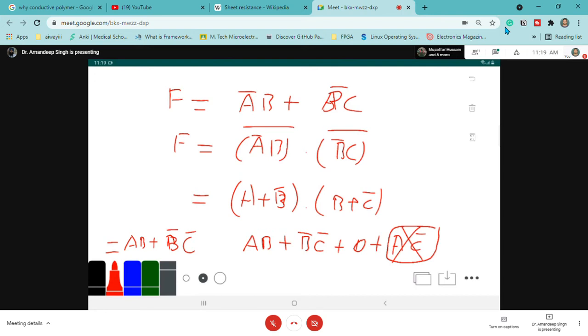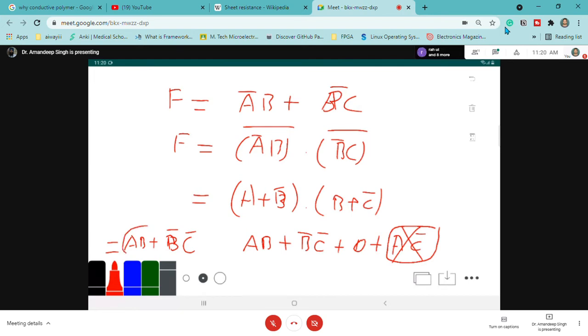But my purpose is to tell you that in some functions there might be a case that you need to implement an inverter. In this case, if this is the case, then it's fine. You can implement by using NMOS again. Why?